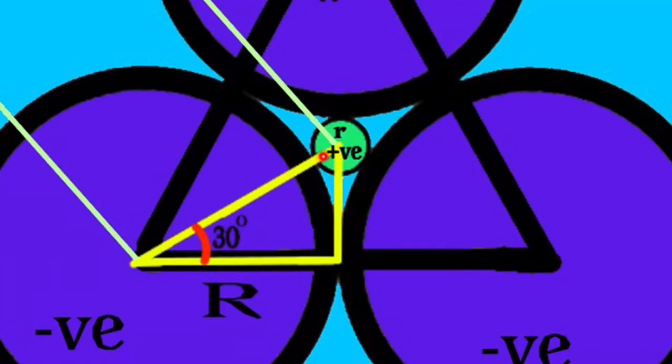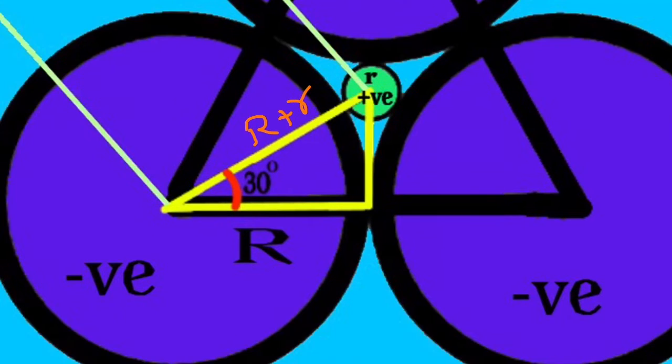This one is the radius of the cation, which is denoted by small r, while this one is the radius of the anion, which is denoted by capital R. Both combined together, we can denote them as R plus r. So the small r is the radius of the cation, whereas the capital R is the radius of the anion.